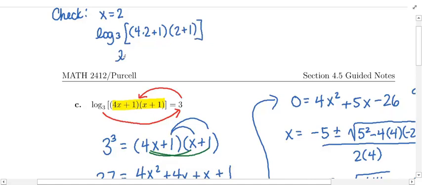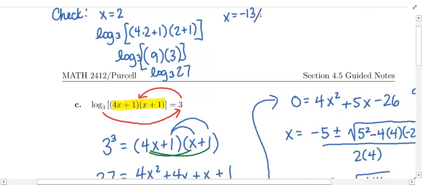So this is going to be the logarithm base 3 of 8 plus 1, which is 9, times 3. So this is log base 3 of 27. You're taking the logarithm of a positive number. You're good to go.